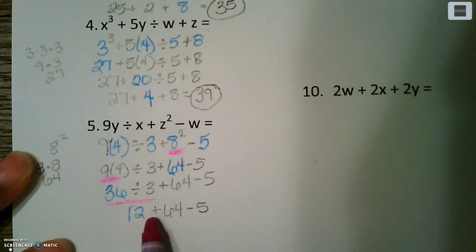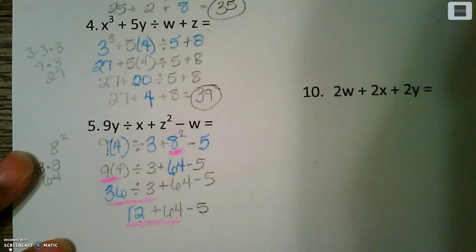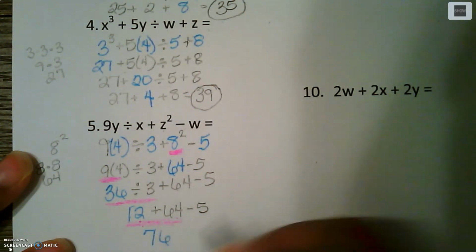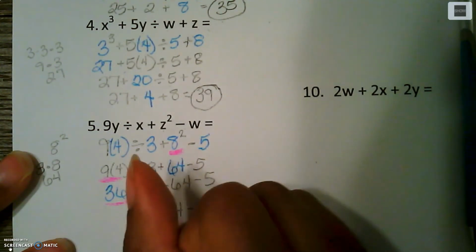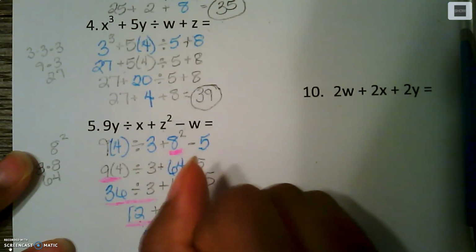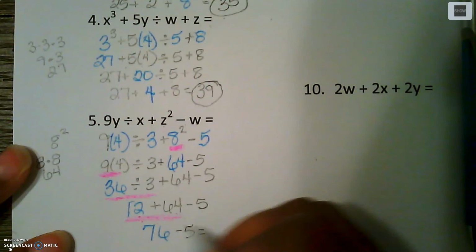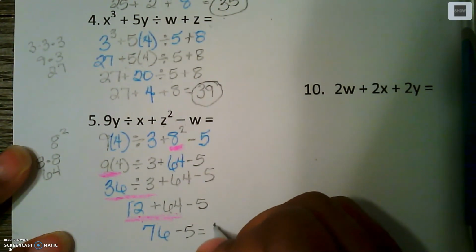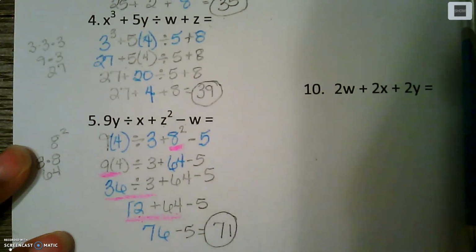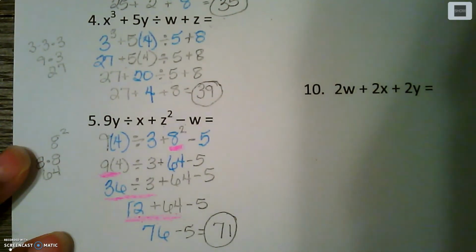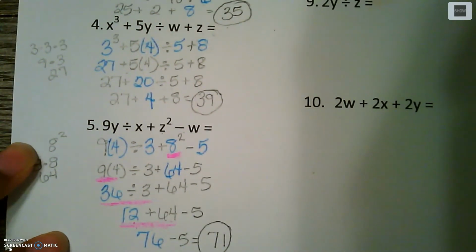Since I have addition and subtraction, I'm going to do addition first, because that's first. So 12 plus 64 is 76, minus 5. And then we have 76 minus 5, which gives me 71. So for number 5, you should have got 71.